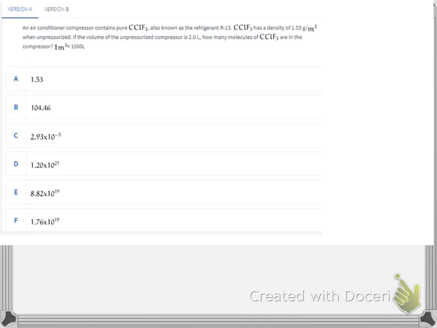Say, okay, great. Well, it would have been nice to have had the grams per liter to begin with. But let's calculate it. If we have 1.53 grams per meters cubed, then what we would do is multiply by the conversion factor that they gave us, so the 1 meters cubed divided by 1,000 liters.